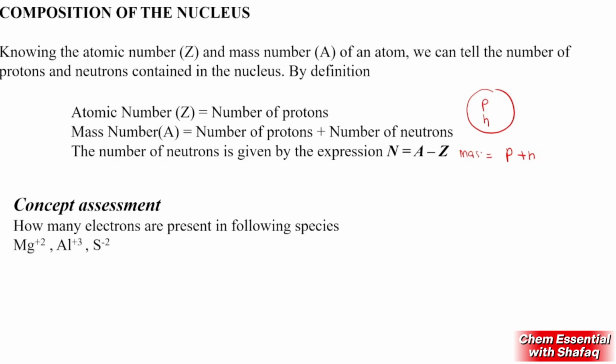Okay, now we can abbreviate with different symbols. अब mass number को हम कैसे represent करते हैं? Mass number को हम represent करेंगे by the alphabet A. प्रोटॉन को हम क्या कहते हैं? प्रोटॉन को हम also कहते हैं, we can call it the atomic number, और atomic number को हम represent करते हैं with the sign Z, while n is the number of neutrons, और number of neutrons को हम represent करेंगे as n. तो हम ये कह सकते हैं कि mass number A is equal to the atomic number plus the number of neutrons.